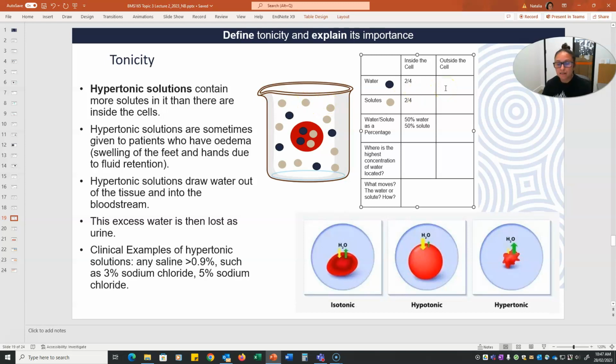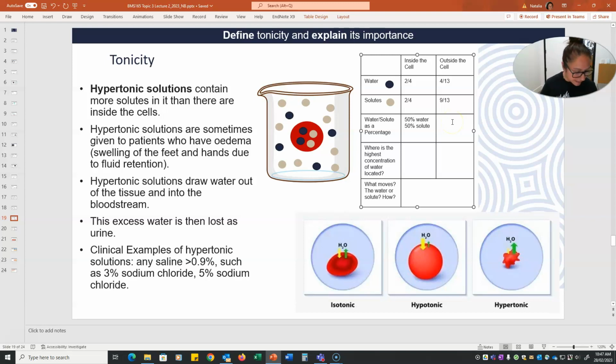Out of those 13 molecules, 4 of them are water and the rest are going to be solute. So 4 are water, and 9 out of the 13 are going to be solutes.